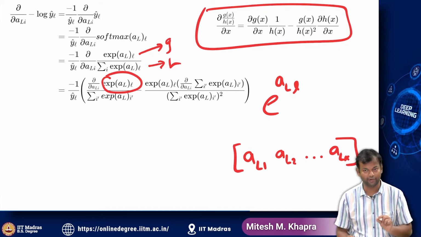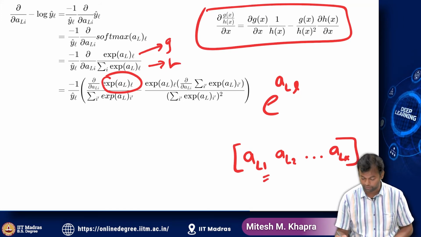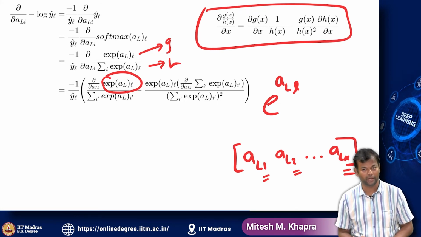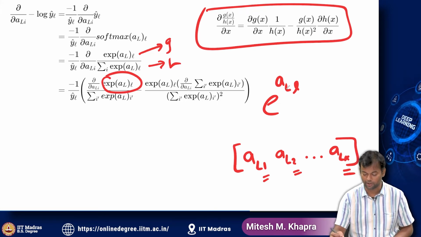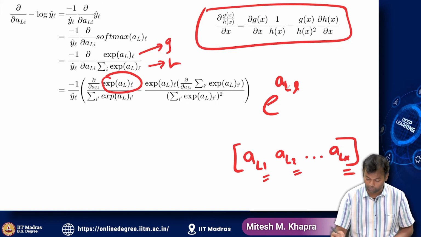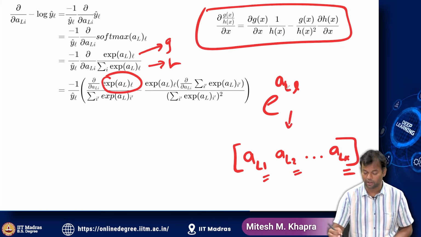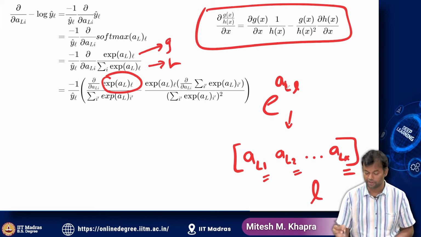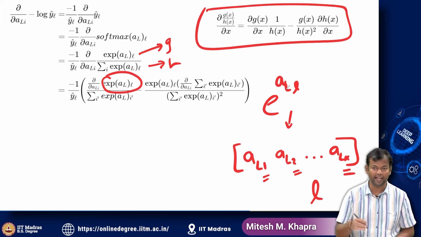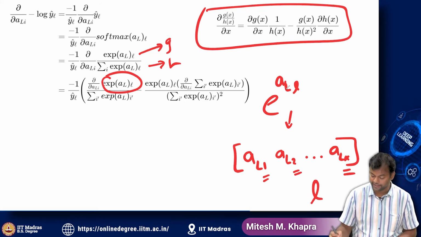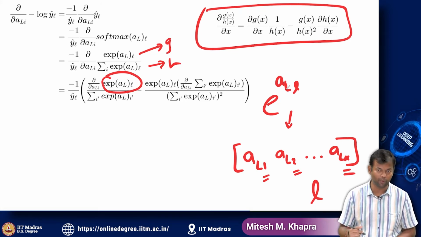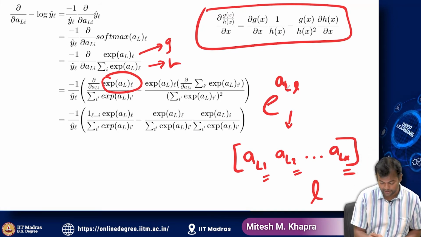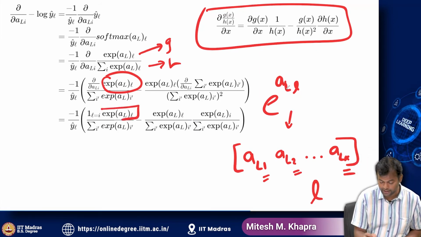I am trying to take the derivative of that with respect to one of the elements here. And again, you can notice that this only depends on one of the elements, the corresponding lth entry here. It does not depend on the other ones. So this would be 0 if i happens to be anything other than l, otherwise it would be 1. We just saw how to deal with this on the previous slide. So I'm going to write it as e raised to x.